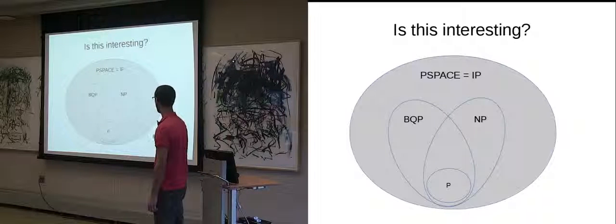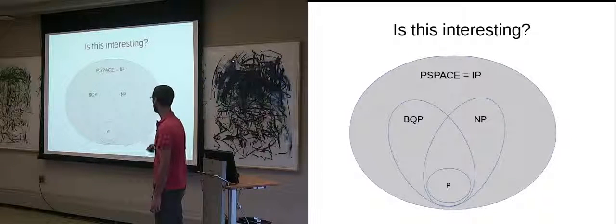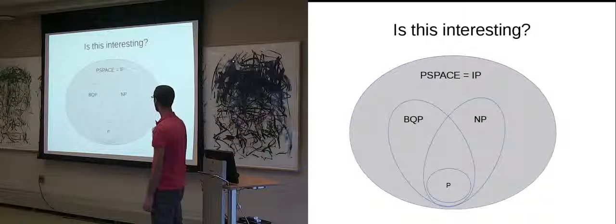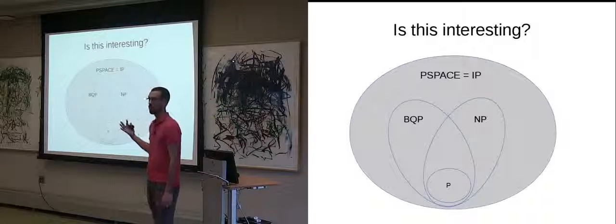These are the things that can be solved on a quantum computer in polynomial time. So this somehow represents also the power of the provers that we're interested in. We have NP here, which is the things that could be verified by a polynomial computer just from a certificate. And then we have the outside one, which is PSPACE, which is the languages that can be decided with a polynomial amount of space.